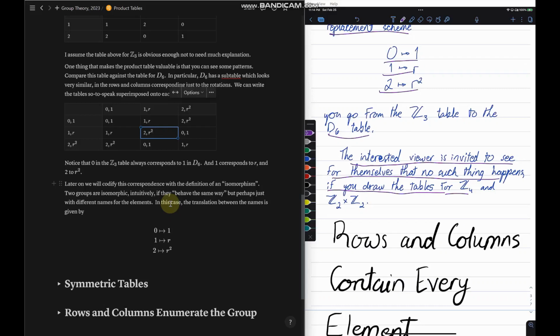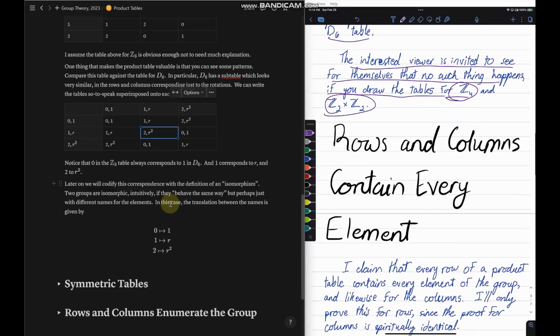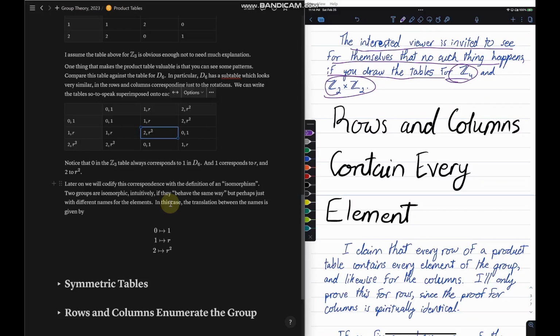No, in fact, it does not happen. You can see it by drawing out the table for Z mod 4 and the table for Z mod 2 cross Z mod 2. You'll see that you don't get any such thing in their tables. When you try to superimpose them and see one as a relabeling of the other, it just doesn't work no matter how you do the relabeling.